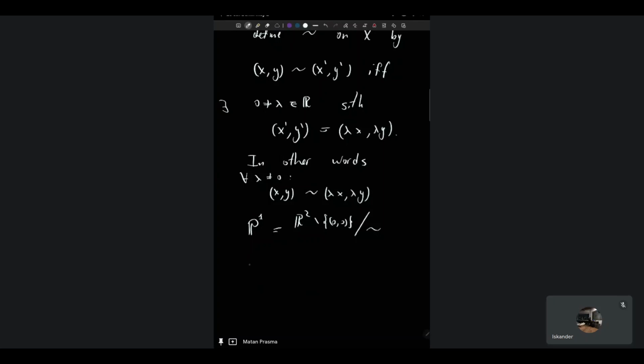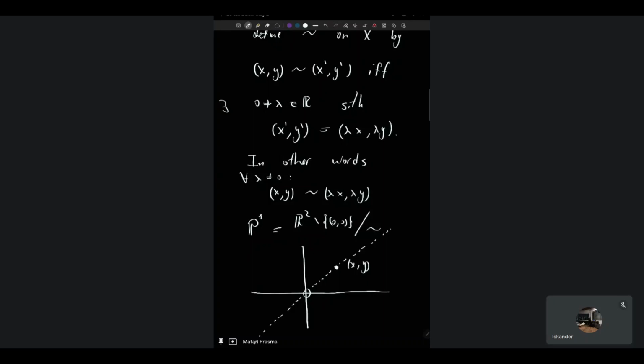And how do I describe the equivalence classes? One particular equivalence class of, let's say, some (x, y) is the set of all points that sit on a line passing through the origin and passing through the point (x, y).